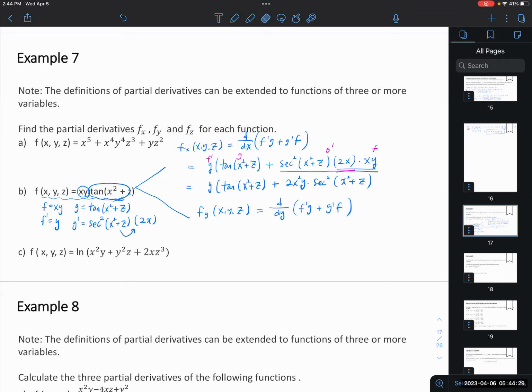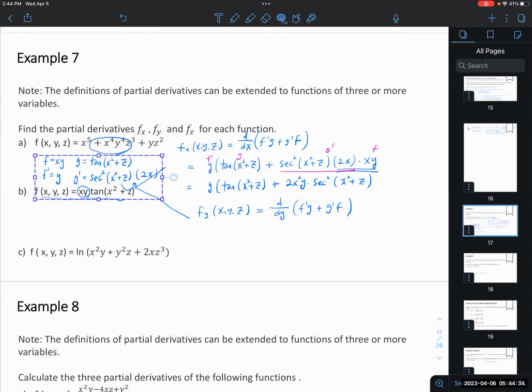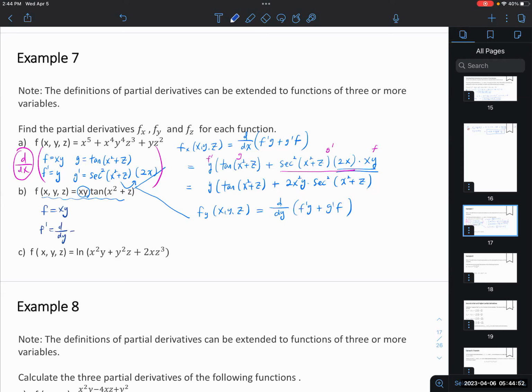So these are all with respect to the x variable, I already took d over dx. But now I'm going to do similar work, but with dy. So f is xy. So f prime, that means d over dy. What is that? x remaining, correct? Same thing, g, tangent x squared plus z.